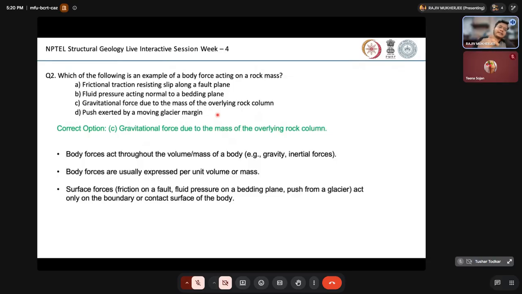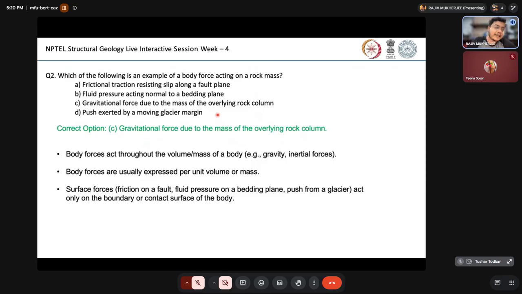So you always consider the normal vector of the plane onto which the force is being applied, and based on the angle between the normal to the plane and the direction of the force, this will control the resultant.